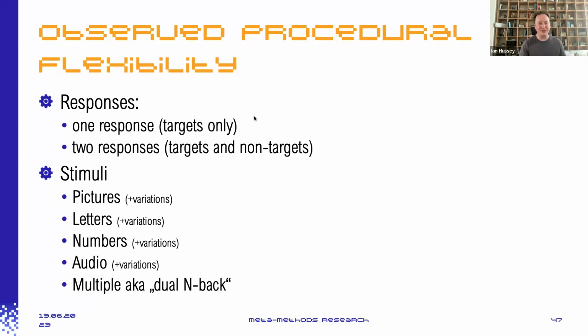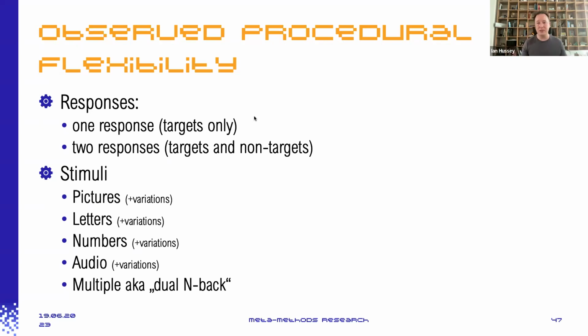There are also really substantial variations in the stimuli used, those involving pictures for some tasks and many different forms of pictures that involve different domains, letters and different combinations of letters, numbers and different variations in the combination of numbers, and even audio N-backs.